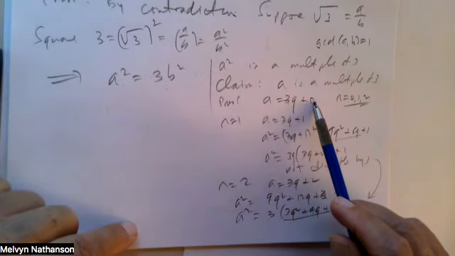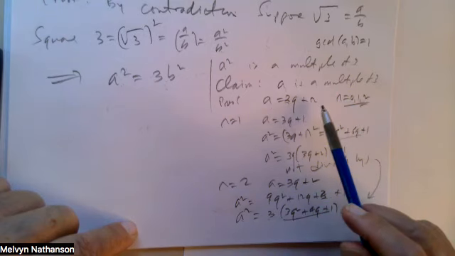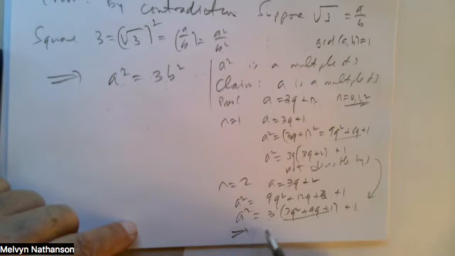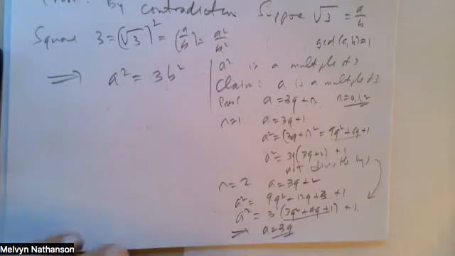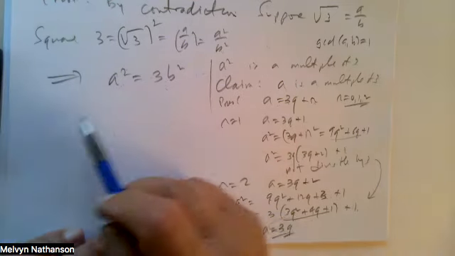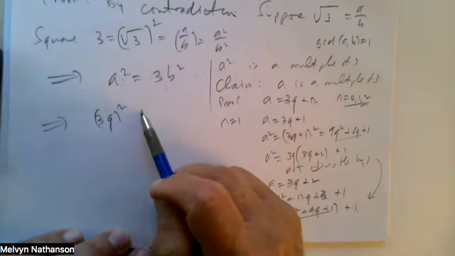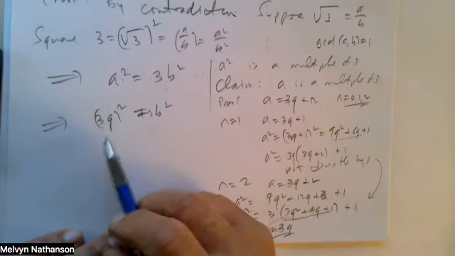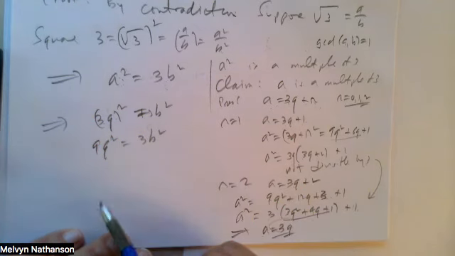So a is 3q plus r, where r is 0, 1, or 2. But if r is 1 or 2, a squared is not a multiple of 3. So therefore, a is 3 times q. A has to be a multiple of 3. Then we take that and plug it into a squared equals 3b squared. If I square this, 9q squared equals 3b squared.